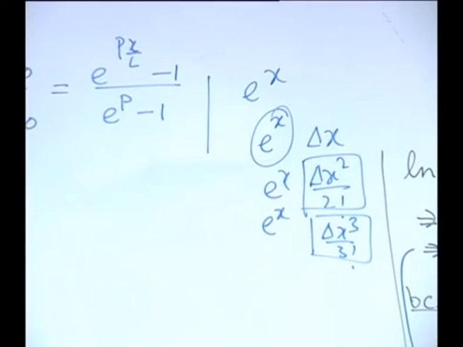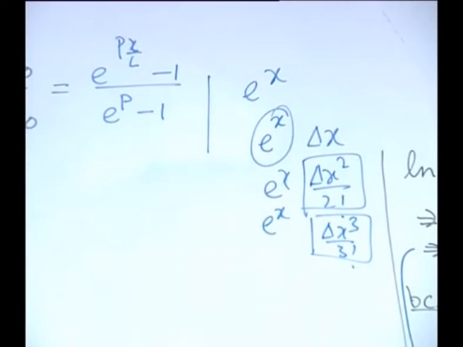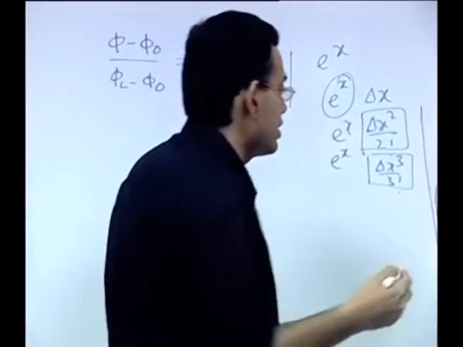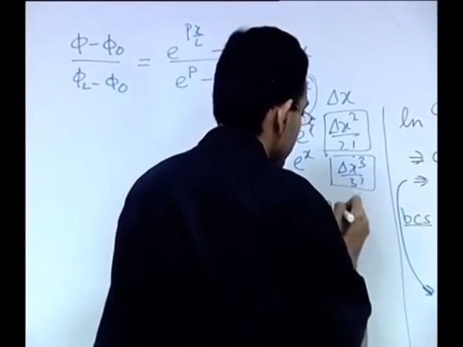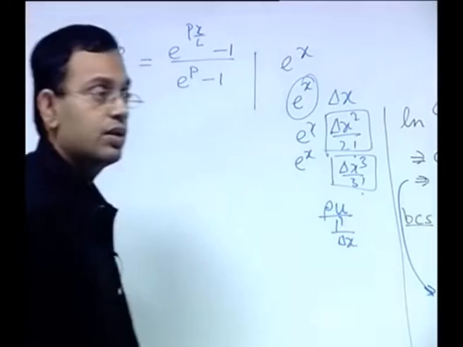That means when delta x is really very small, and delta x is an important component that contributes to the cell Peclet number.